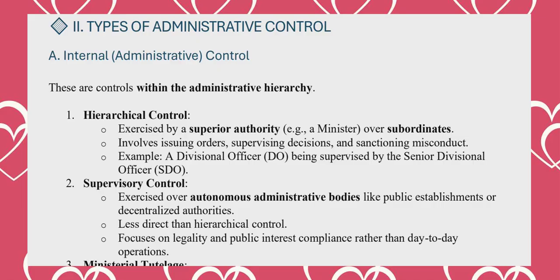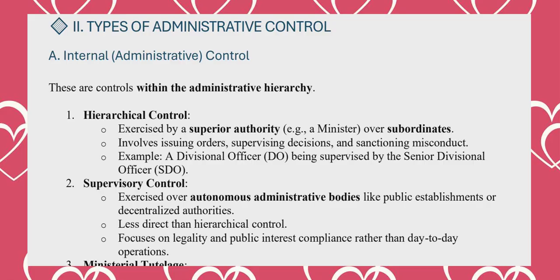Then the second type of internal control is supervisory control. When we talk of supervisory control, here we refer to control of the administration by another authority who is not of that same institution. For example, the Minister of Higher Education interfering in matters of the university, which is an autonomous administrative institution.